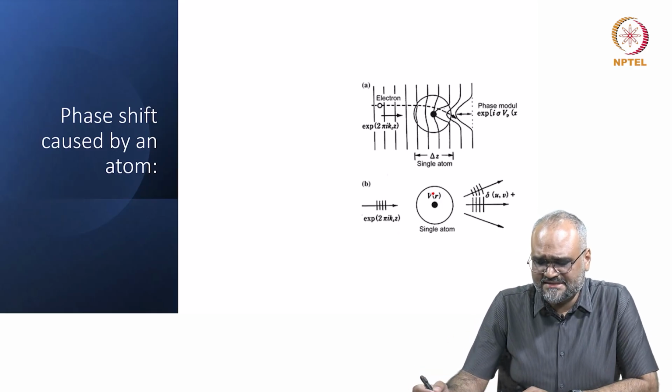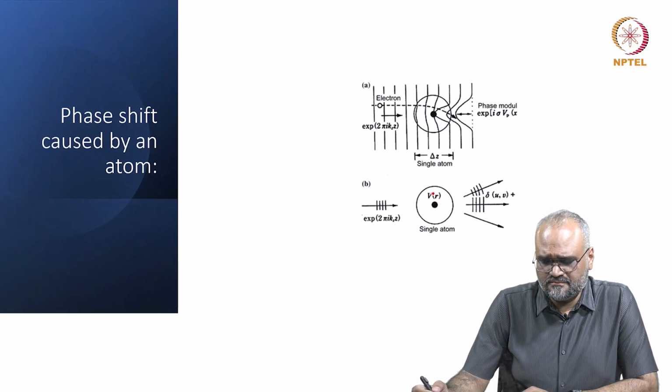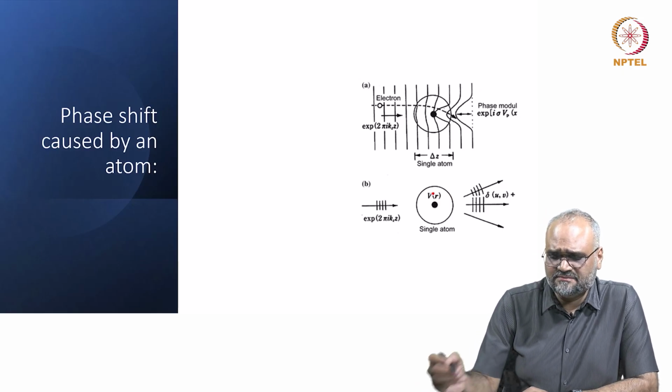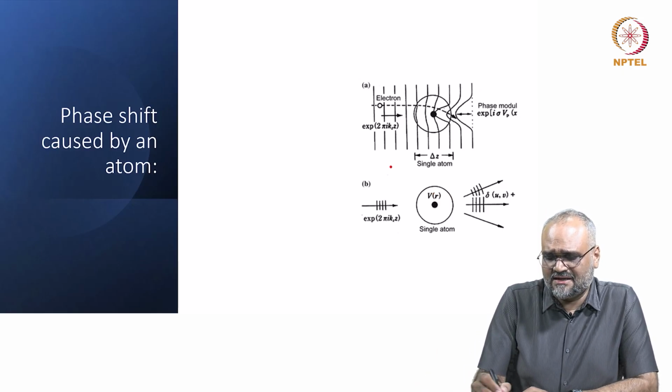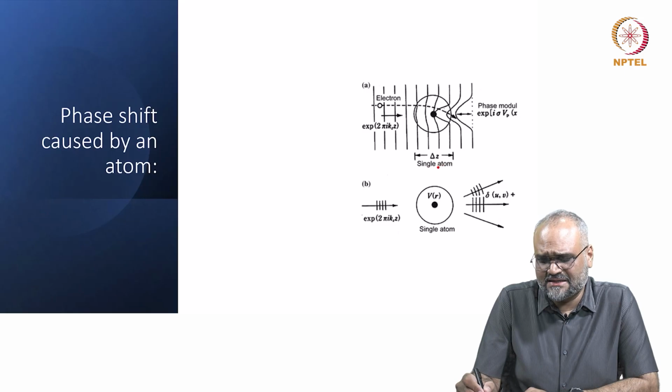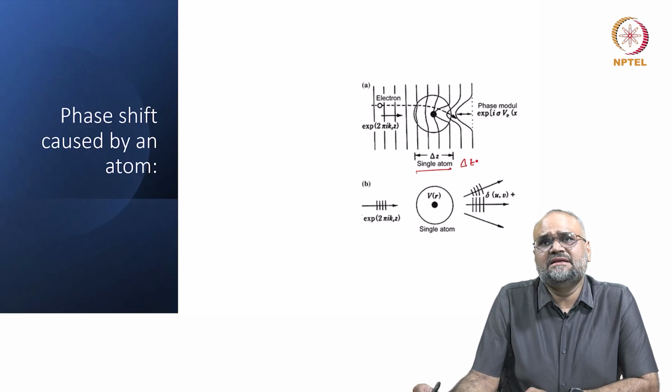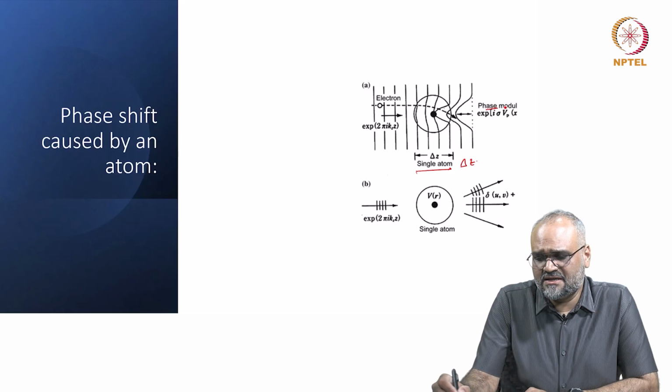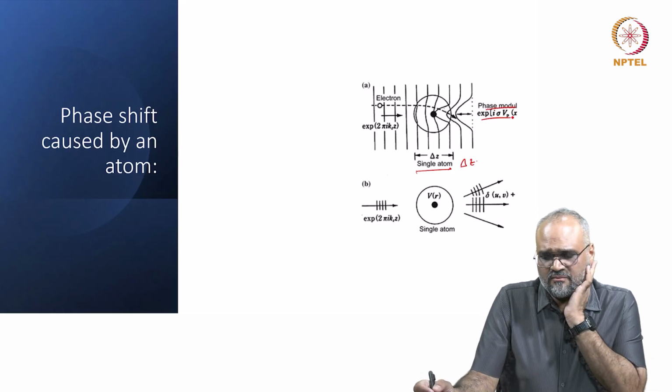If I have a single isolated atom, and let us say an electron wave having a planar wave front is interacting with this atom through a depth of delta z here, the phase can be modified.